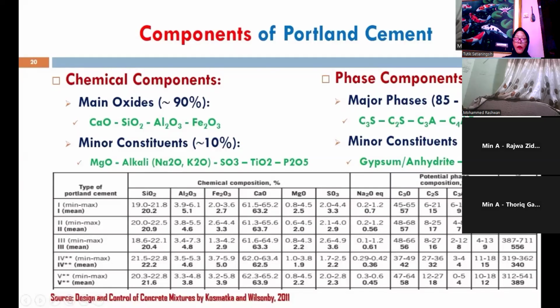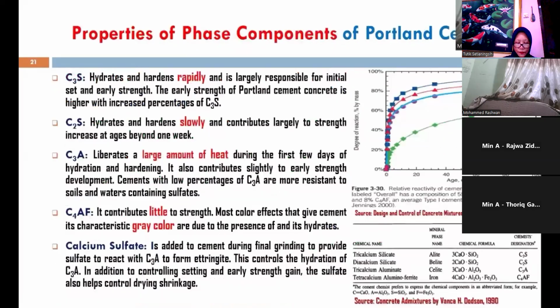And the last column shows the Blaine fineness, the surface area of the cement. Increasing surface area means a high grinding effect, and a high Blaine fineness indicates high early strength cement.